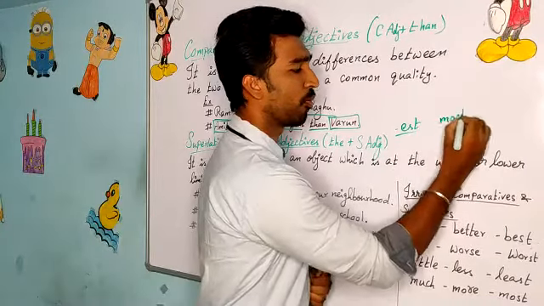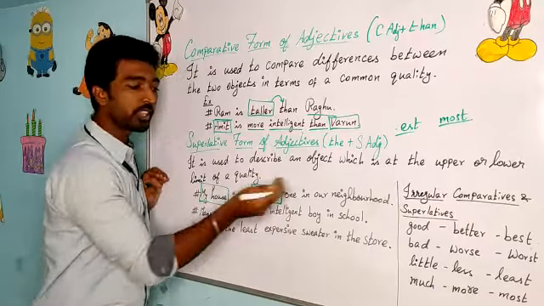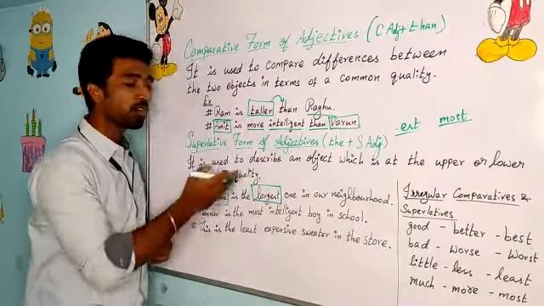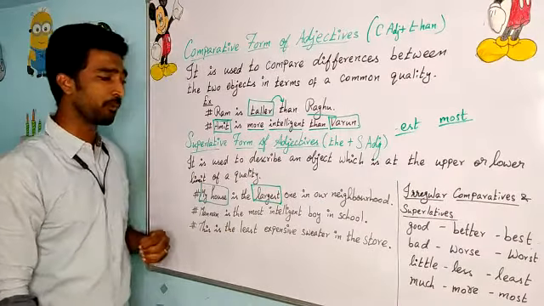The neighborhood has many houses and my house is the largest one. We have added est to the word large, large plus est, largest, the largest. As a superlative form of degree, we compared one noun with many in the group. My house is the largest one in the neighborhood.